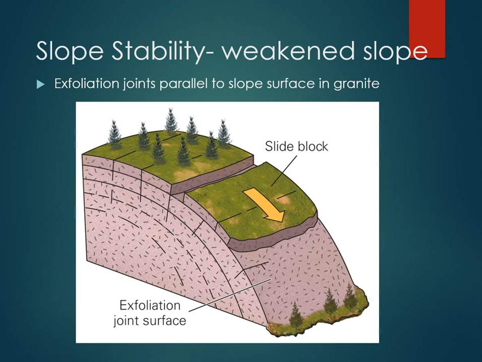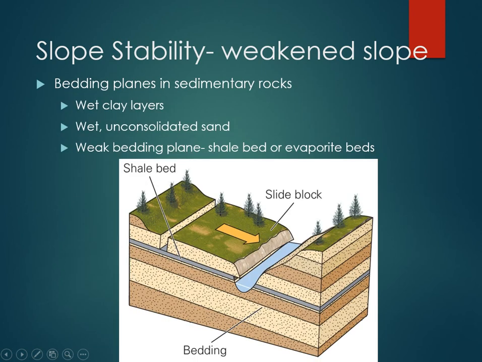Granites form deep in the earth where it's under a lot of pressure. When you erode the rocks off the top, that pressure is released and the rock starts to stretch out and expand, and you get exfoliation because of that. And it ends up forming big domes. And one of the reasons why you have domes is because you have landslides sliding down those exfoliation joints.